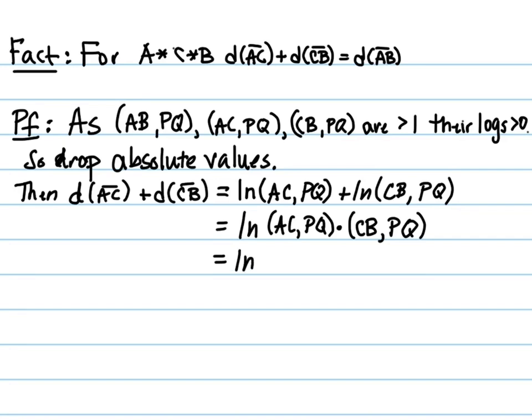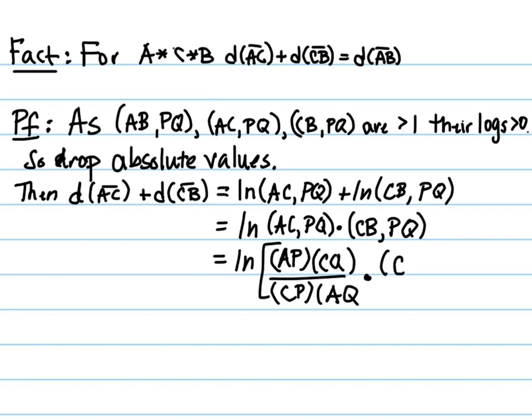So our cross ratios look something like this: AP times CQ over CP times AQ, and then BQ times CP over BP times CQ.